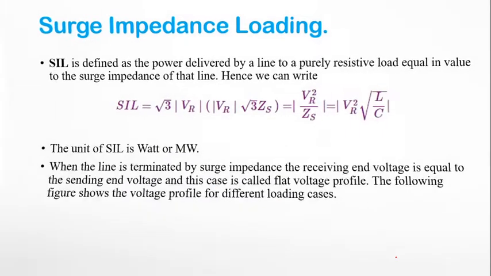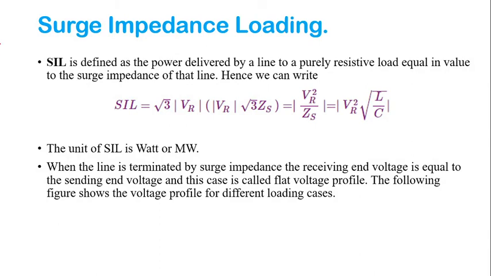Now we are talking about surge impedance loading. We already know about the surge impedance. Surge impedance loading is defined as the power delivered by the line to a purely resistive load equal in value to the surge impedance of the line.